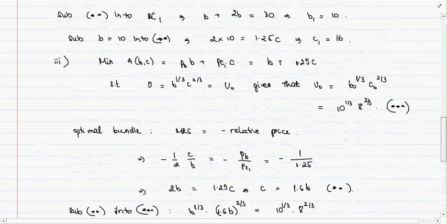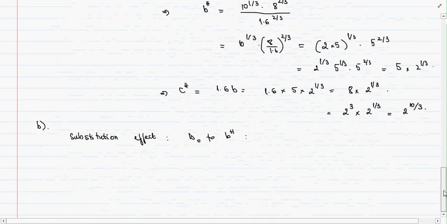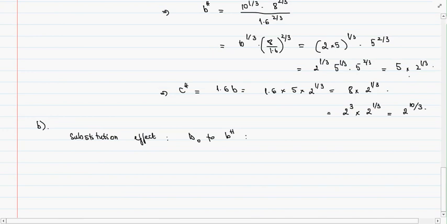So we got B0 is 10 and BH is 5 times 2^(1/3).